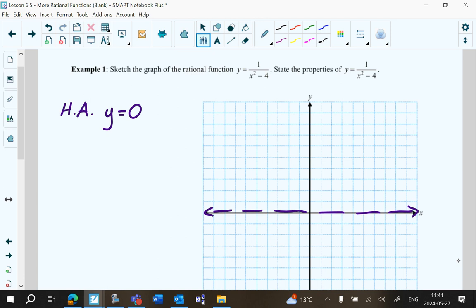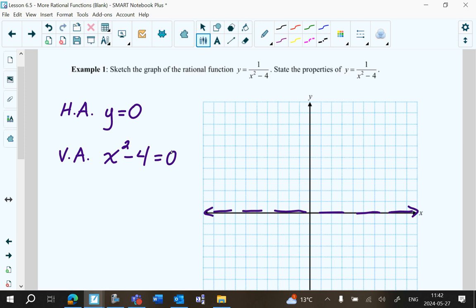The vertical asymptote is the same as the non-permissible values. So what values of x would make x squared minus 4 equal 0? Positive and negative, which is? Right. Now you could factor this one, but this is one of those quadratic equations where there's no x term.